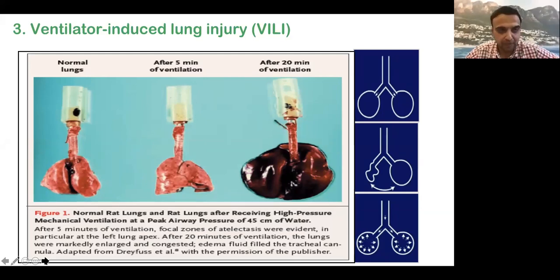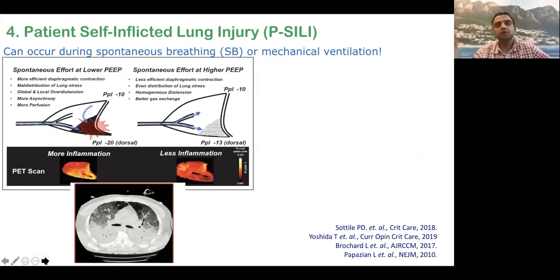So the fourth concept that I want you to appreciate is called patient self-inflicted lung injury, or PSILI. PSILI is an injury that is inflicted by the patient on the lung. This can happen in spontaneously breathing patients, but it can also happen in patients on a ventilator.